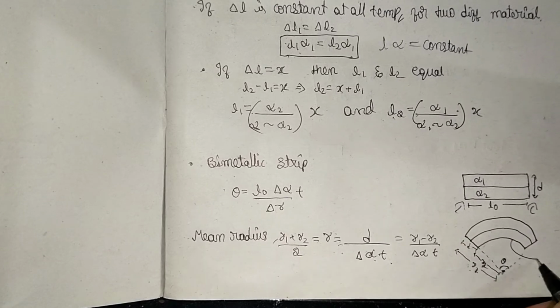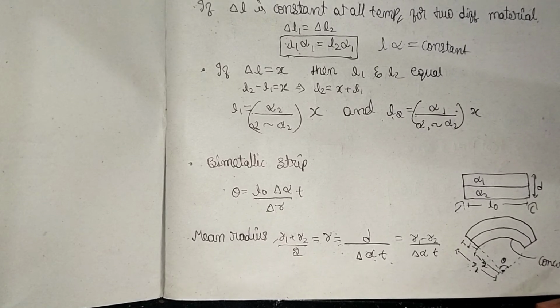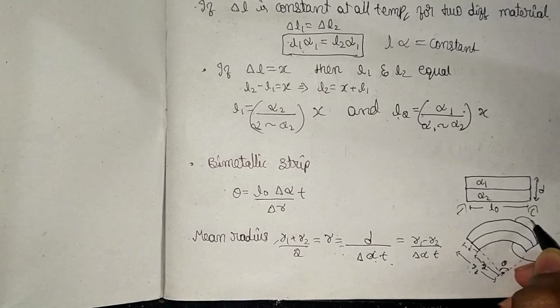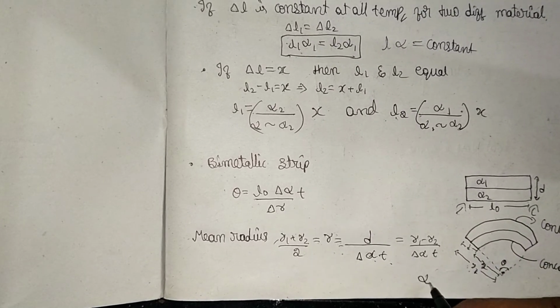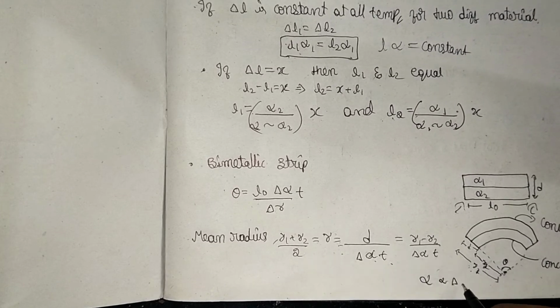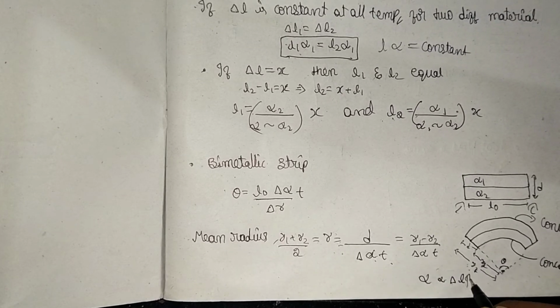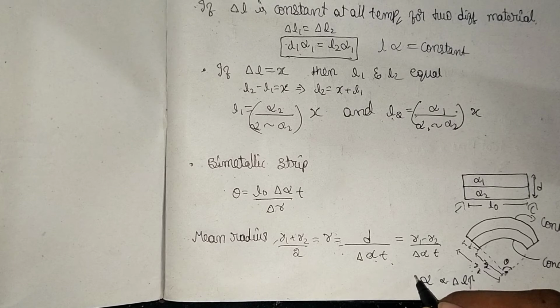This shape is the concave, this shape is the convex. Here alpha is directly proportional to delta L, which means the more the length increases, the more the alpha.